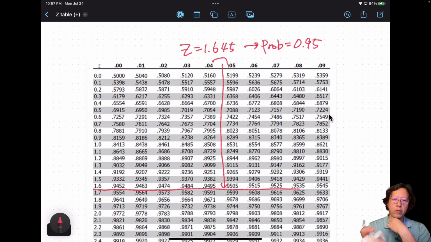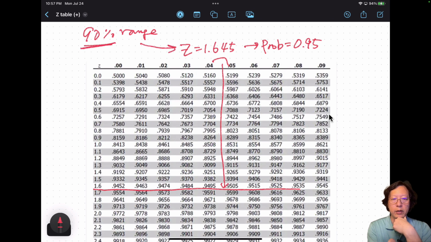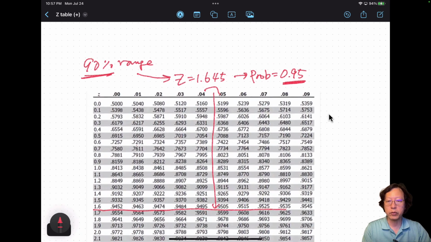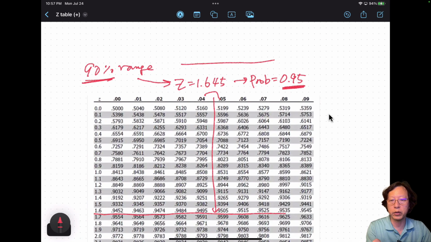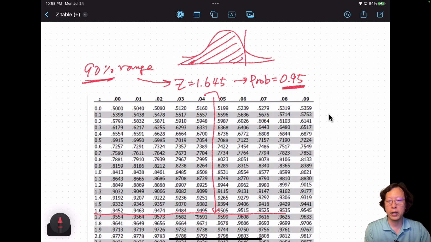Okay, but why, if it was a 90% range, are we looking for the 95% probability here? The reason is that this table always shows the left-hand side area. This table shows us this probability.